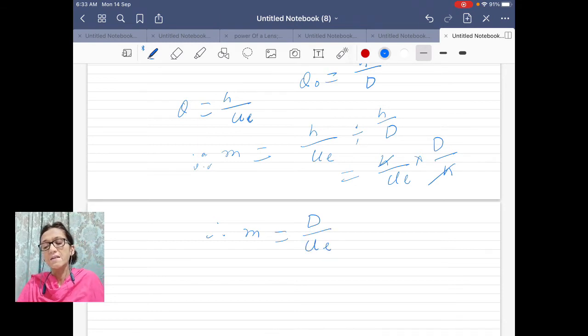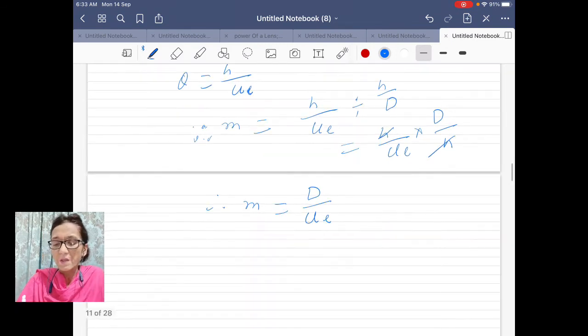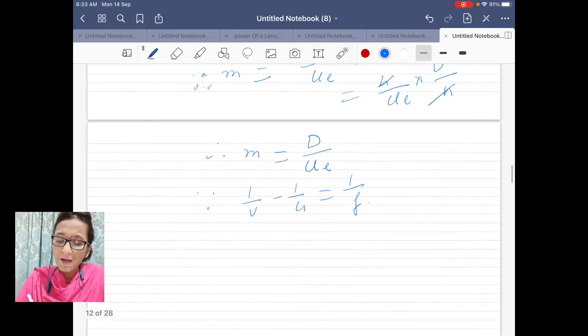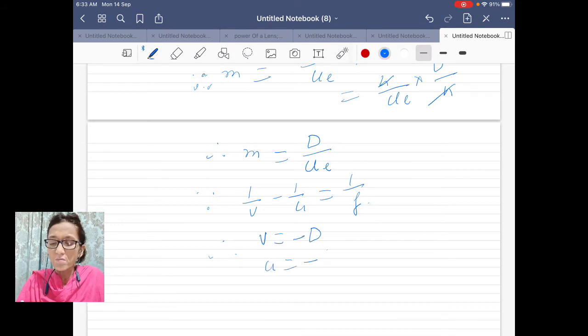Now let me find the value of u with lens using the lens formula: 1 upon v minus 1 upon u is equal to 1 upon f. The final image is forming at near point d, so we can use v is equal to minus d and u is equal to minus u with lens, because both are on the left hand side of the optical center.